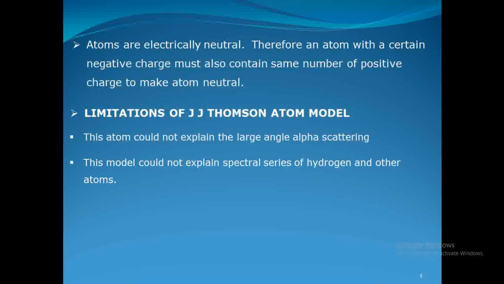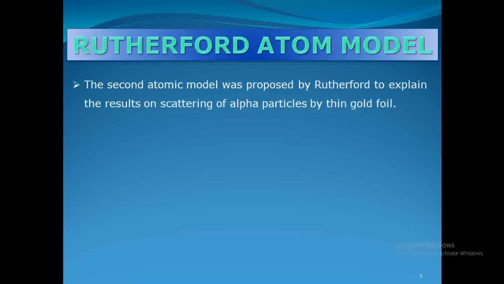So in order to again explain the structure of atom, another atomic model was proposed. That atomic model is what we call the Rutherford atomic model. Rutherford conducted an experiment. He took a gold foil and tried to bombard alpha particles on this gold foil.